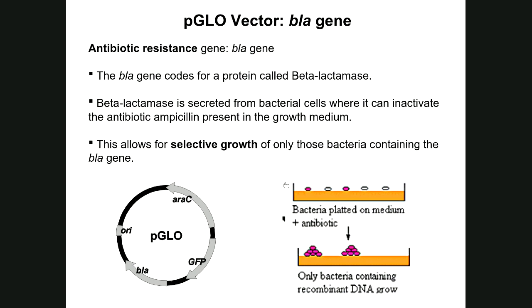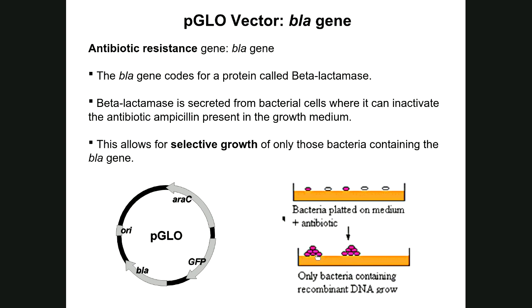And as you can see, going from here to here, these cells are killed off by the antibiotic, and the only surviving cells are the ones that took up the vector with the antibiotic resistance gene. They produce beta-lactamase, which destroys the antibiotic in the growth medium here, and they not only survive, but they start to divide using the origin of replication here, producing a colony, or a bacterial colony, of genetically identical bacterial cells.